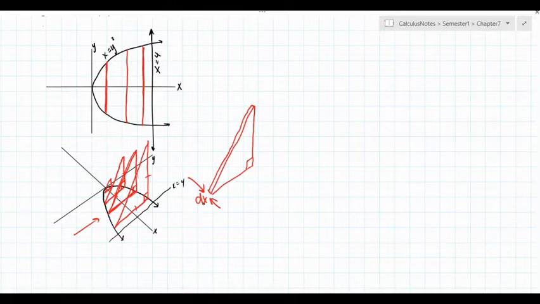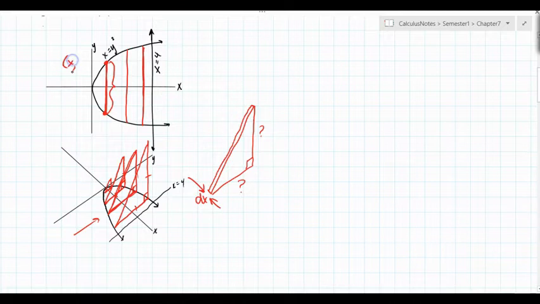And now our task is to figure out what are the dimensions of this slice. What are the base and the height? So we look back at our 2D drawing. We're really trying to figure out what is the length of this segment. And sometimes it helps to write down the coordinates of the endpoints.